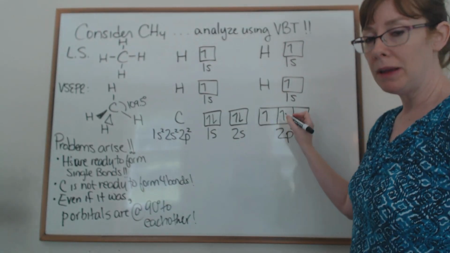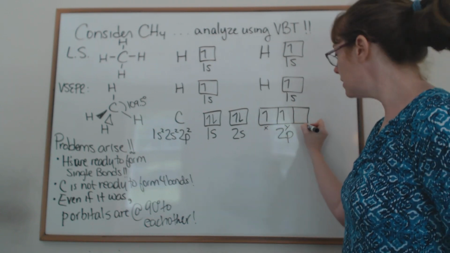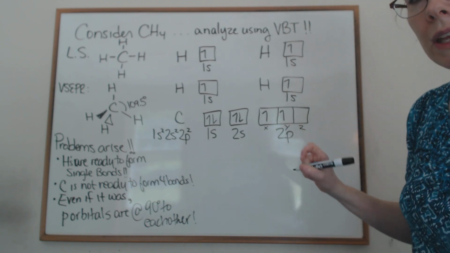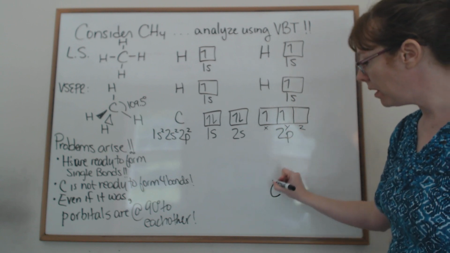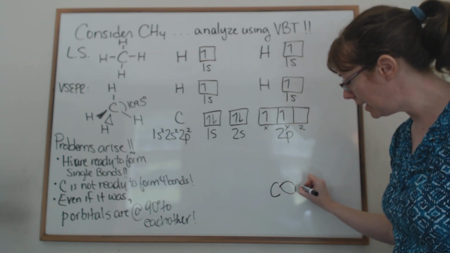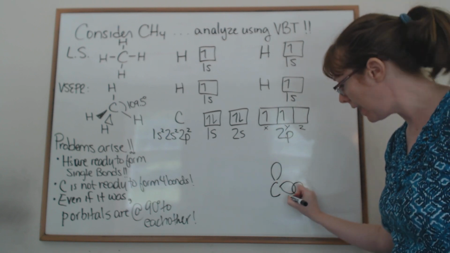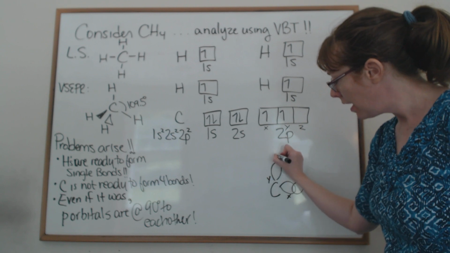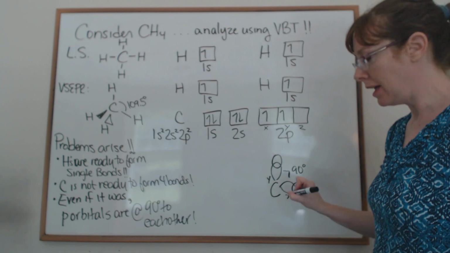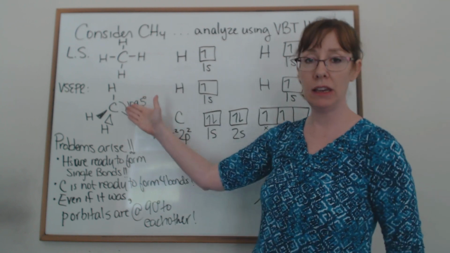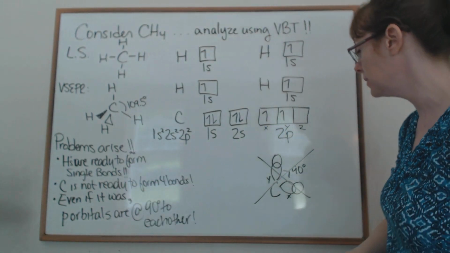Remember, we don't usually label it, but this is the one on the x-axis, this is the one on the y-axis, and this is the one on the z-axis. So even with the 2 that are ready to go, the carbon would have to form 1 bond using a p orbital on the x-axis, and another one using a p orbital on the y-axis, and the hydrogens would come in. It would give you 90-degree bond angles, and we know that we don't have 90-degree bond angles. In reality, we have 109.5-degree bond angles.